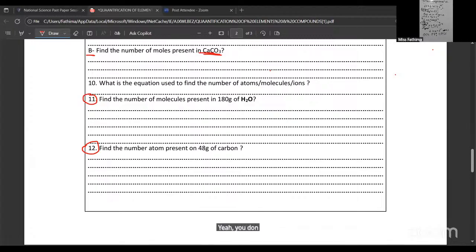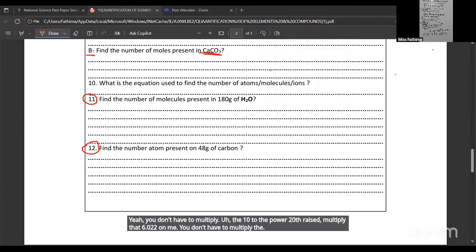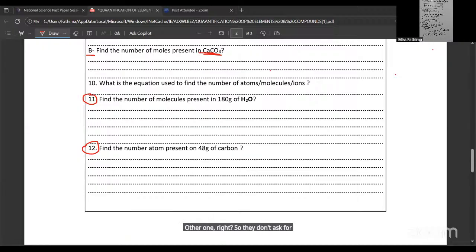You don't have to multiply the 10 to the power 23. Multiply that 6.022 only. You don't have to multiply the other one. They don't ask for a complex calculation. Is it 24, Shima, the first one that you have given, or is it 4? No, you don't have to change the power. They don't ask for that complicated one.